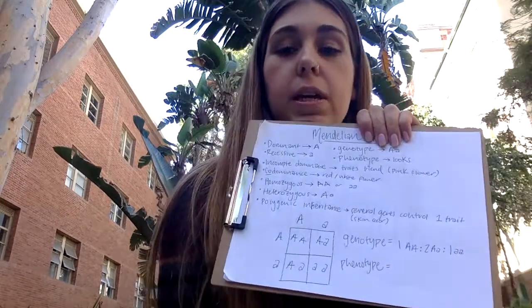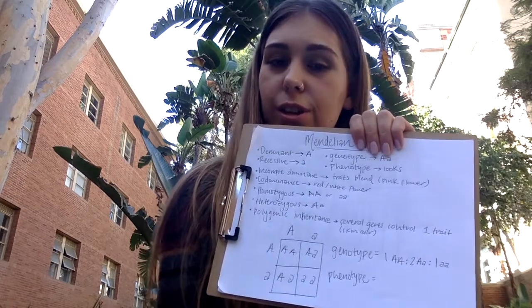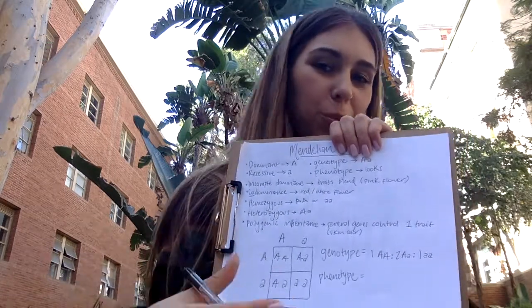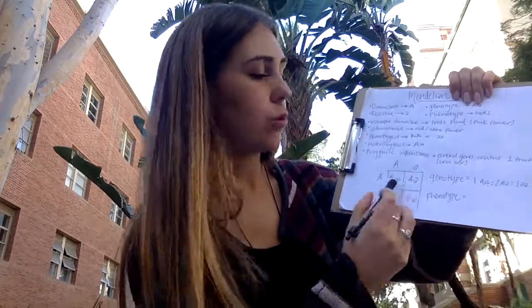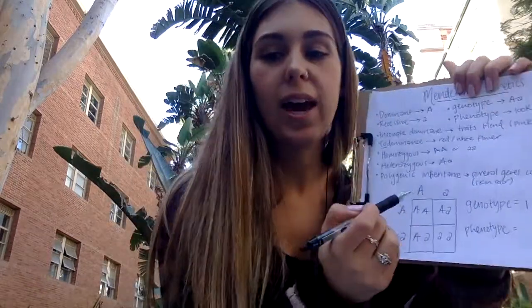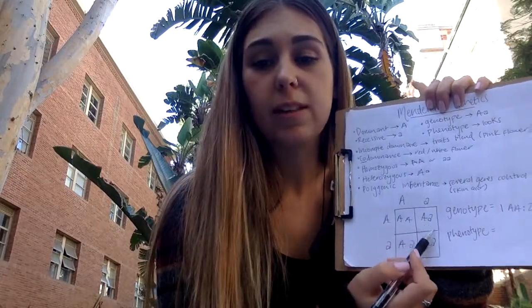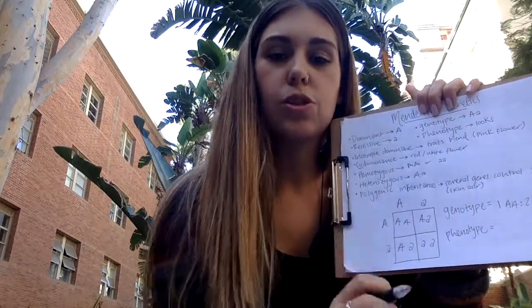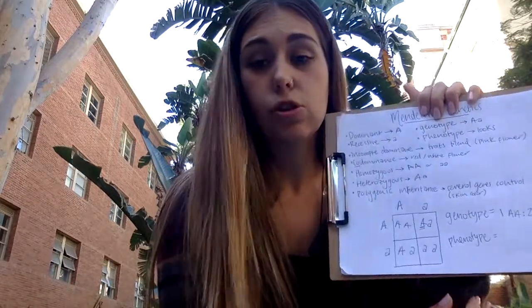Phenotype is going to be how it actually looks. So this is going to be that purple or white, not just what it's made up of, but what it's showing. So remember that when we have something that's heterozygous, so it's showing both big A, little a, what's actually going to be displayed is the dominant trait.